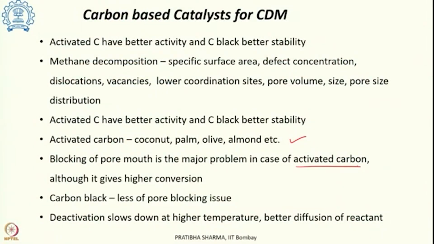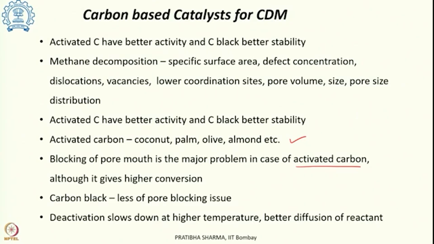Now, if pores are also available, the inside pore area and volume can also be used for decomposition of methane. However, if the mouth of the pore itself gets blocked, then the activity of that material reduces, and that is the major problem that has been seen in the case of activated carbon.